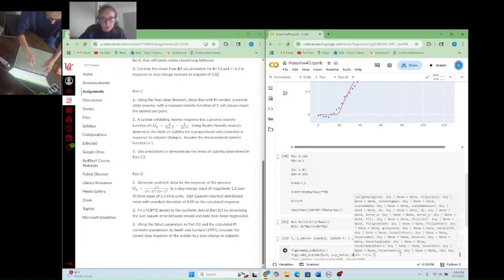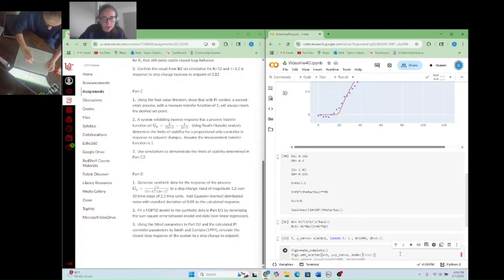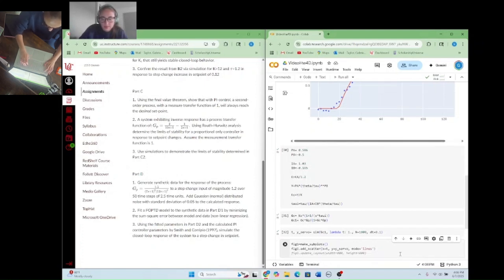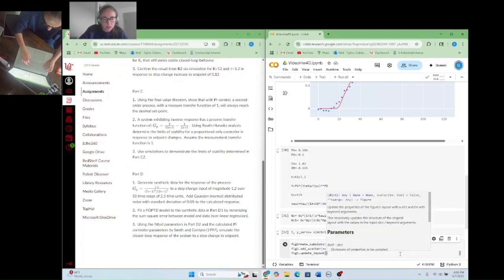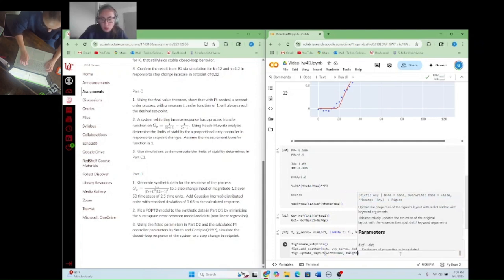And then our mode is going to be equal to lines. And then we are just going to do fig 1 dot update layout. Width is going to equal 800, height 600. Okay, let's see.